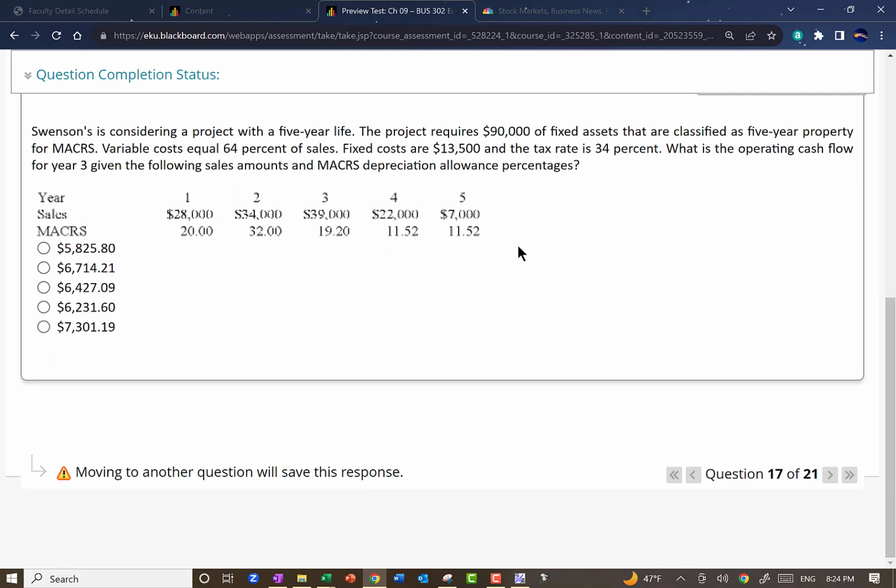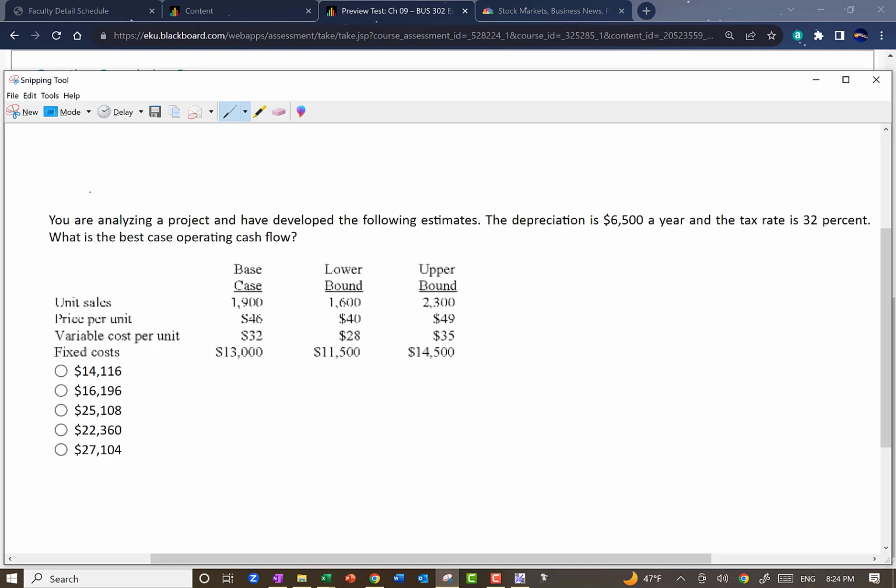All right. 5-year life, it requires 90,000 in fixed assets that are classified as 5-year property for makers. Variable cost equals 64% of sales. Okay, let me copy this one too.